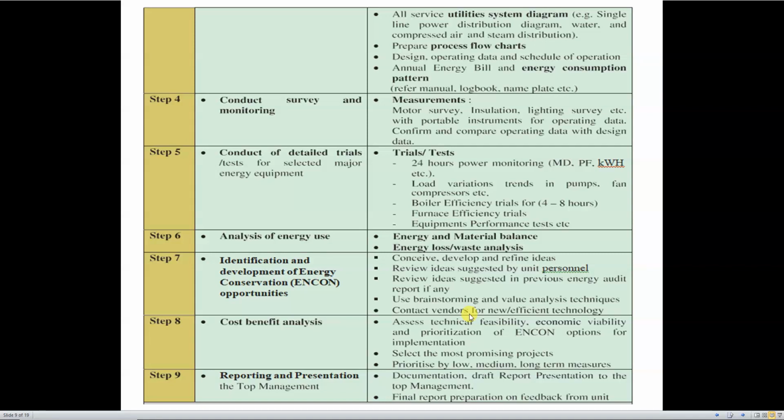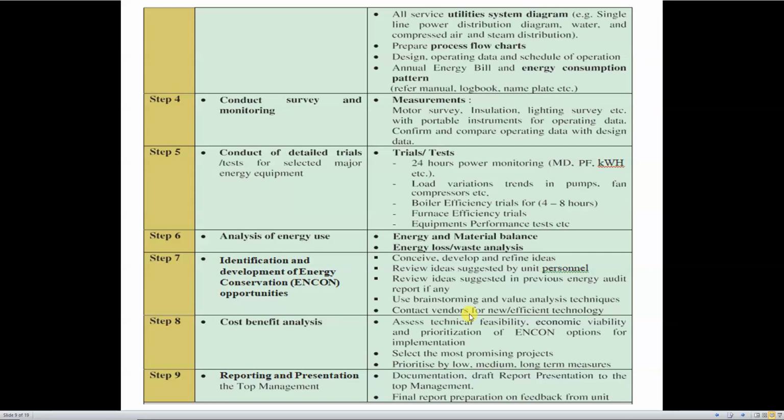Suppose in our Walchand college there is a lab. In that lab we are using PCs of a very old version from 2010. In order to conserve energy, we need to purchase new computers with a 3-star or 4-star rating, so that energy can be conserved, and also the speed of the computer will increase, so that students' experiments will be performed in a very fast manner.